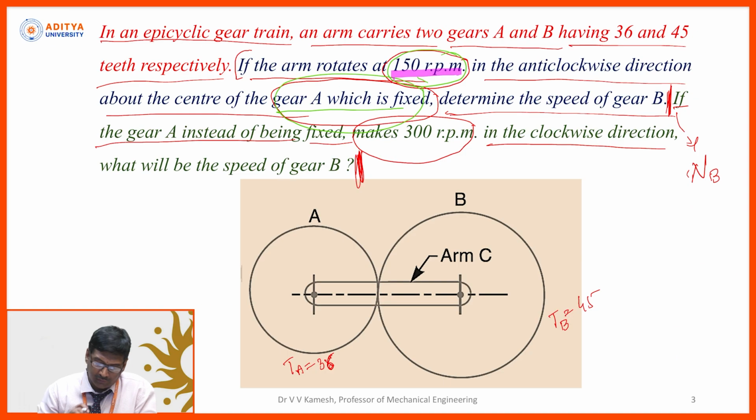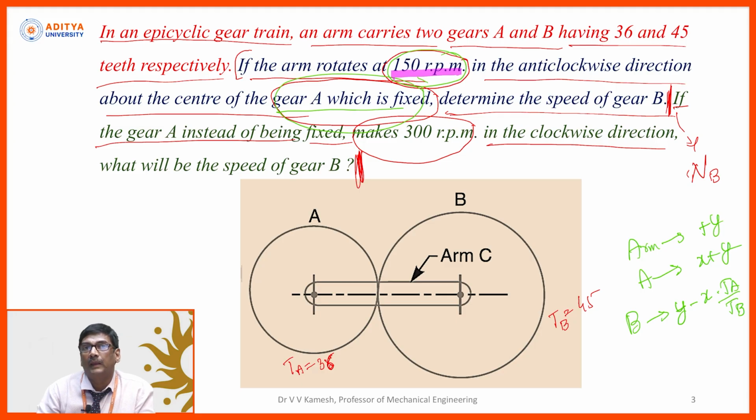Okay. There is another condition given in the problem: if the gear A, instead of being fixed, makes 300 RPM. Okay, look at this. We will write the equations here directly. Arm will be plus y, gear A will be x plus y, gear B velocity will be y minus x TA by TB. Now what is given here? Just look at the statement.